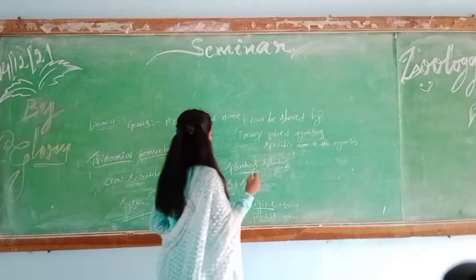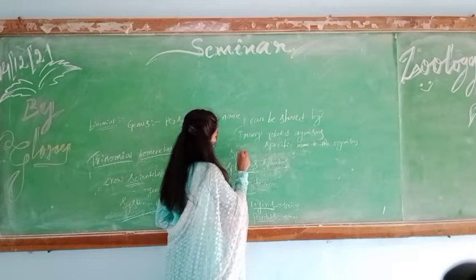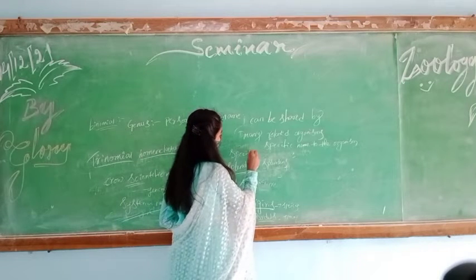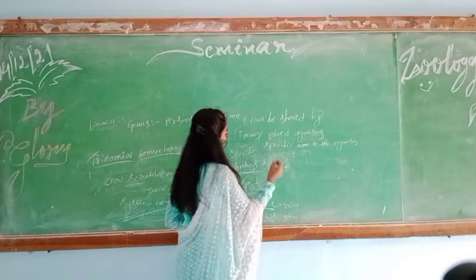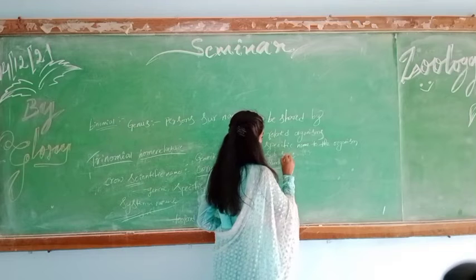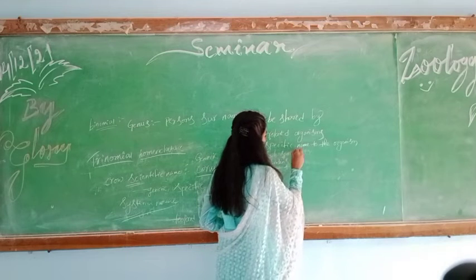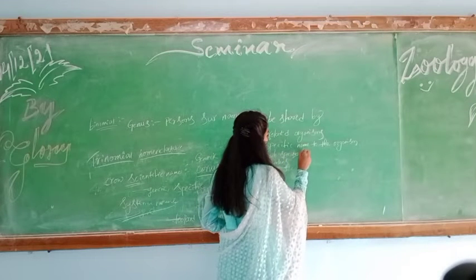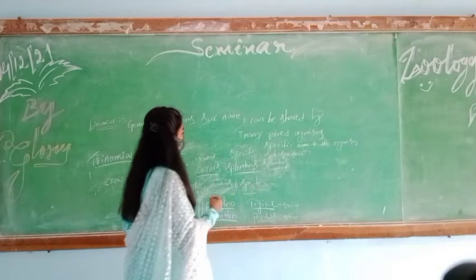This would be the specific, and this would be the subspecific. So like this we can define trinomial nomenclature.